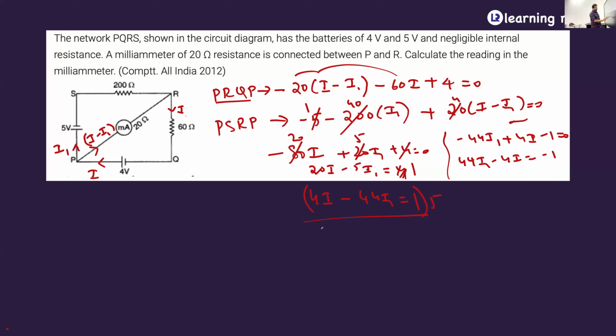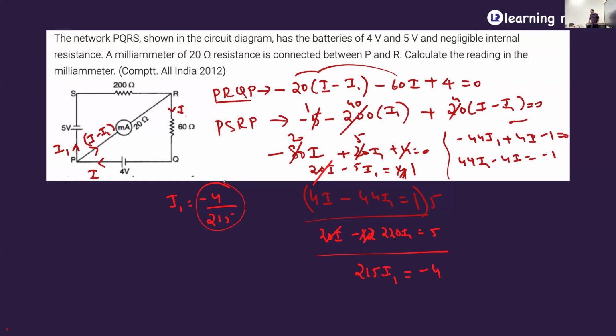Multiplying this with 5 will give you 20I minus 1. 44 5 is 220. 220I1 is equal to 5. Subtract, 20I and 20I will get cancelled. This will be 215I1 is equal to minus 4. So I1 is equal to minus 4 by 215. Don't worry about the minus sign.